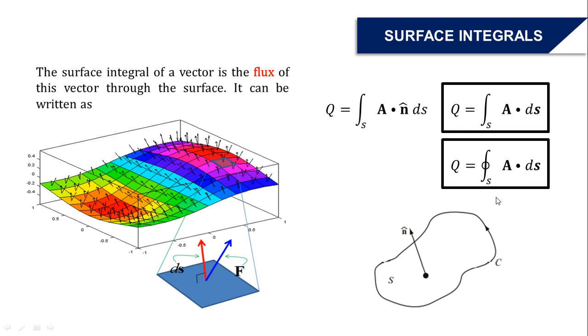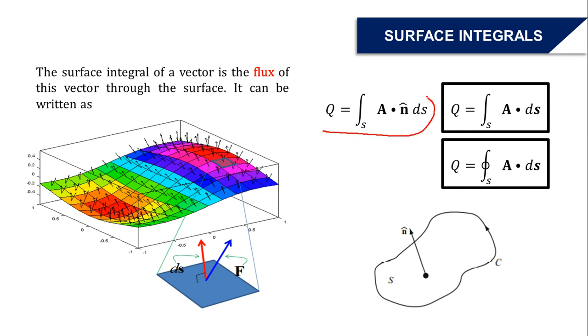Let us rewrite yung formula na yun in terms of a general vector A. Yung A na yun, yun yung ating field. So, ulit tayo. The rate of flow of vector field A can now be written as this expression.